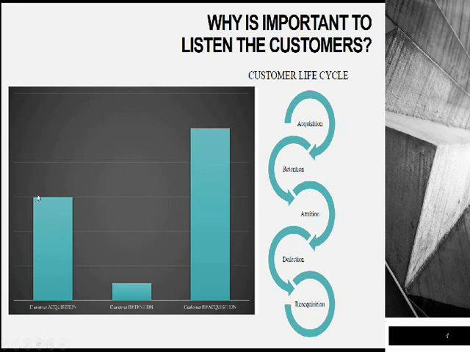Firstly, the customer acquisition cost is extremely high. Then retention is the lowest cost. And finally, the customer reacquisition, when the company spends a lot of money to get the customer back to buy their products.